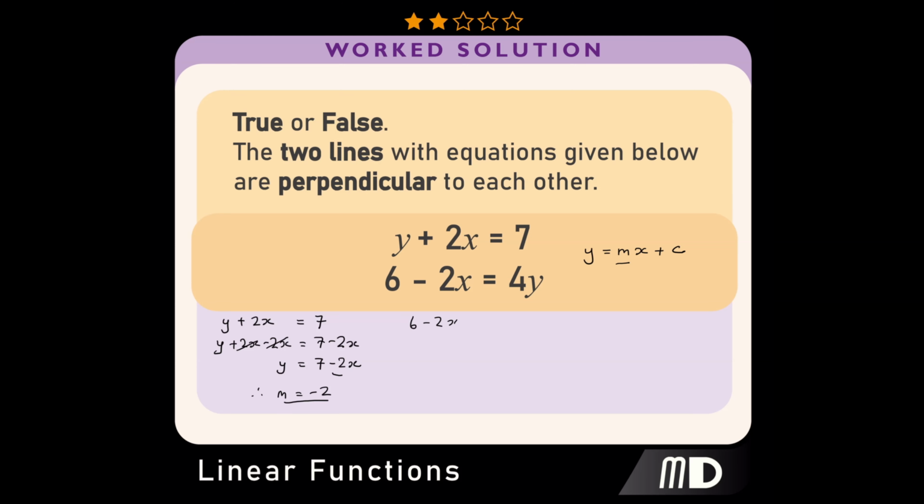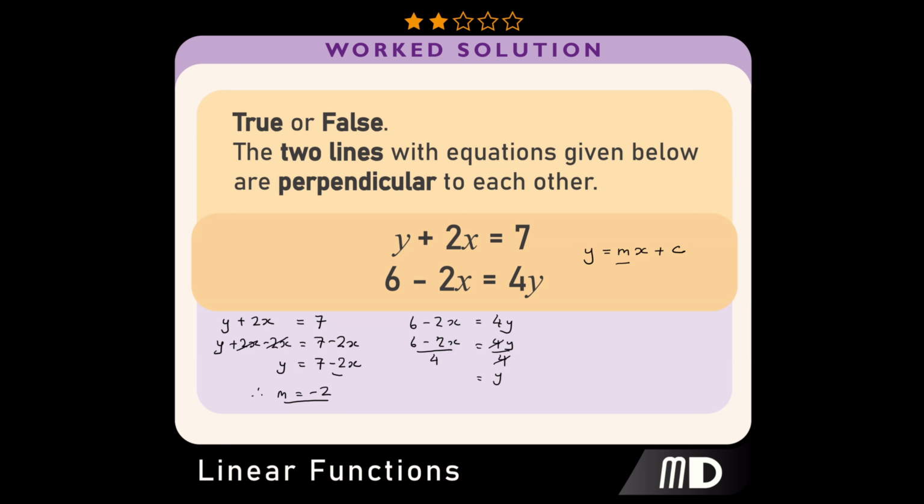Now let's write down 6 minus 2x equals 4y. Now this time we're going to divide both sides by 4. So that gives us 6 minus 2x over 4 equals 4y over 4. On the right-hand side, the 4's cancel, leaving us with y.